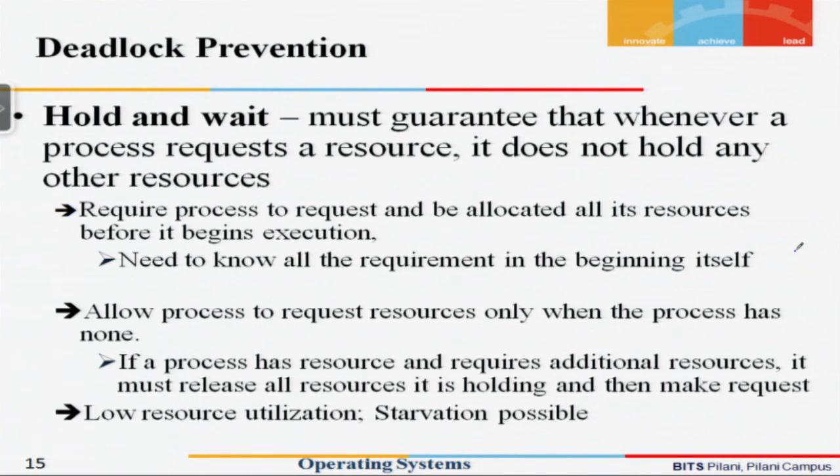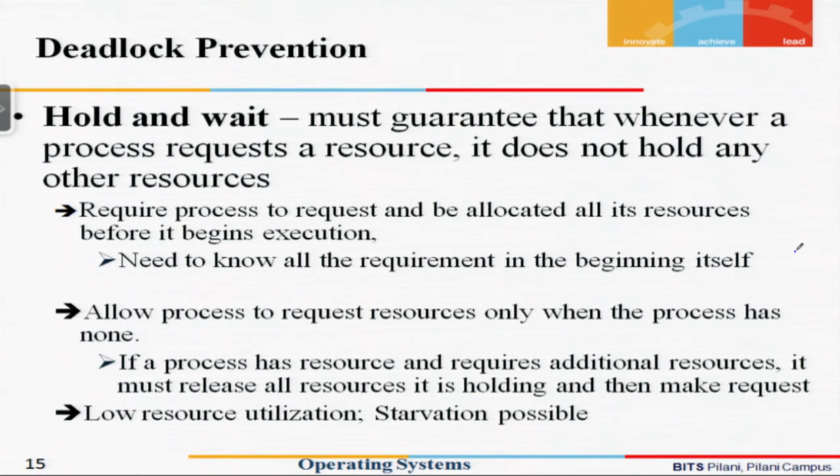So we can see that this would lead to low resource utilization, and this can also lead to starvation. It may just happen that every time I incrementally make a request for another resource, I release a resource, and when I make a request once again, I don't get that resource.